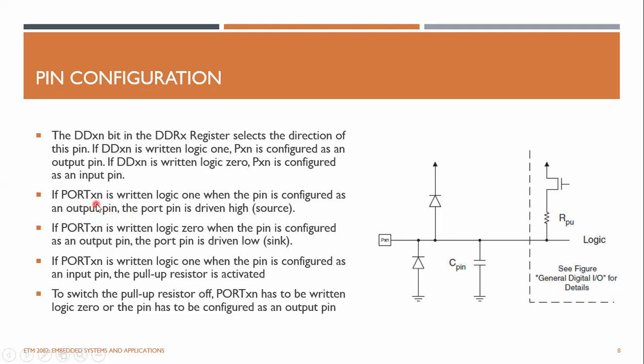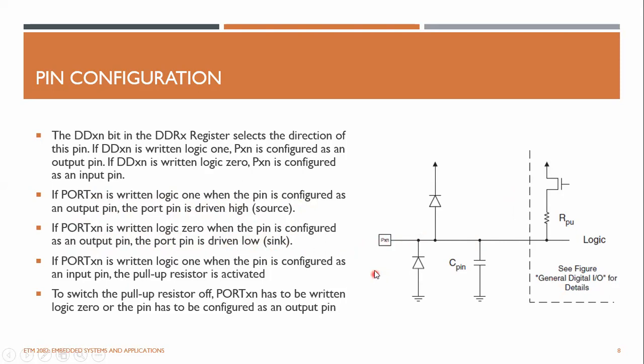And if PORT-XN is written logic 1, so any port and N is the bit, written logic 1, that pin is configured as an output pin. The port will be driven high, like you can drive current from this port, right? You can drive a simple LED. If the PORT-N is written 0, the pin is configured as the output pin and the port is driven low.